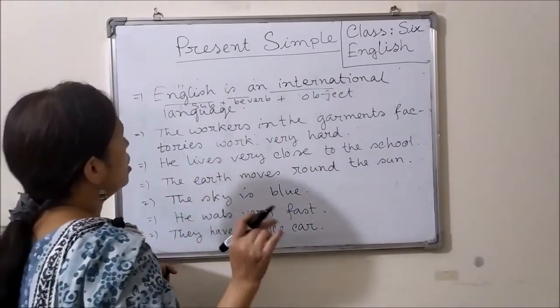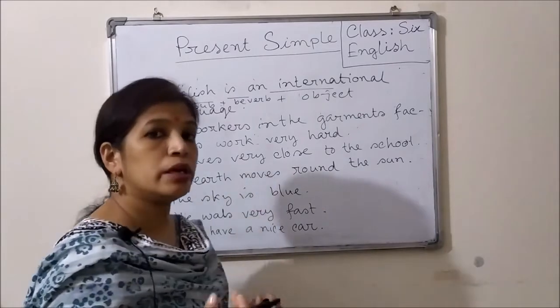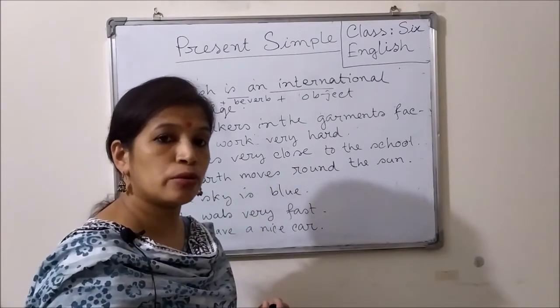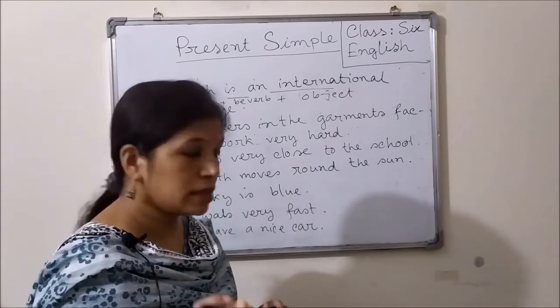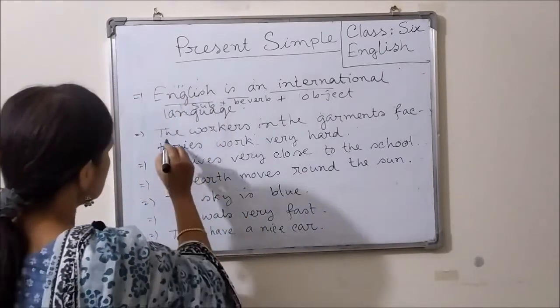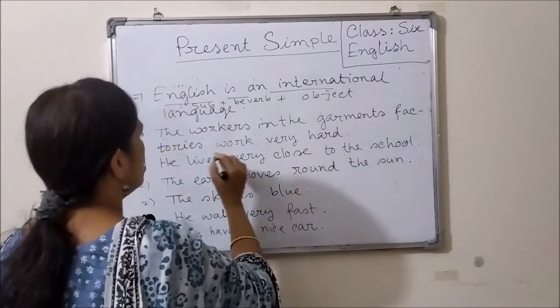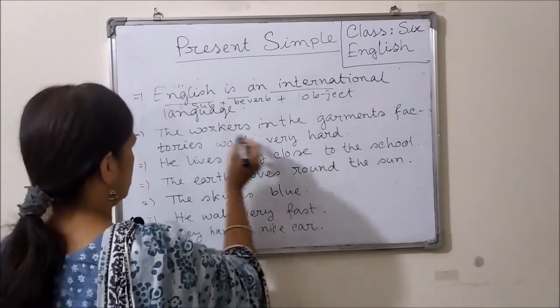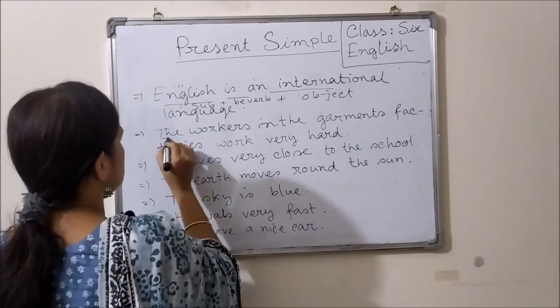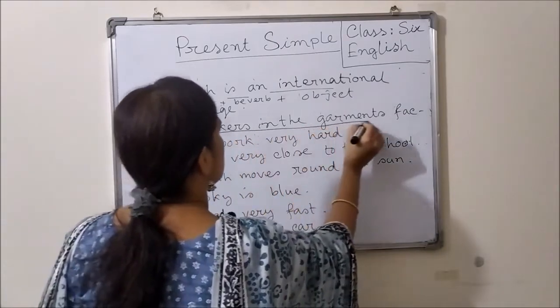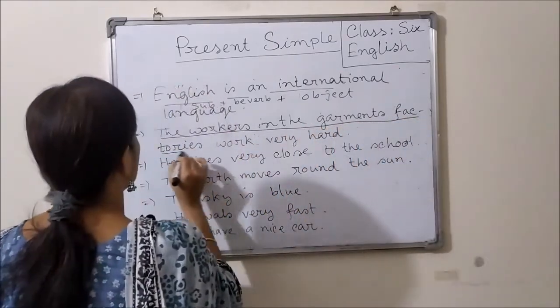Then come to the next one. There we told that there will be an action verb. So the example is: the workers in the garments factories work very hard. Here the subject is the workers in the garments factories.